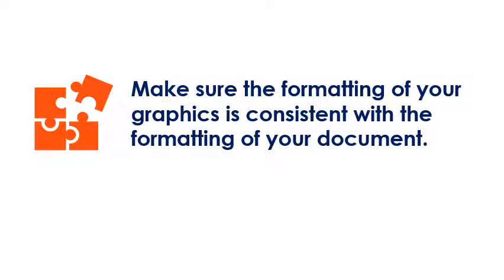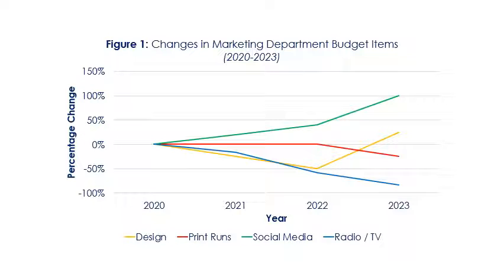Finally, we want to make sure that the formatting of all of our graphics, all of our data visualizations, is consistent with the formatting of the larger document in which it's situated. Let's go back to our example one last time. Now you'll recall that in previous versions of this chart, not only did the chart use Calibri rather than Century Gothic as we've been using elsewhere in this PowerPoint, but also the font was in gray rather than in navy blue, which is the standard font color for this PowerPoint.